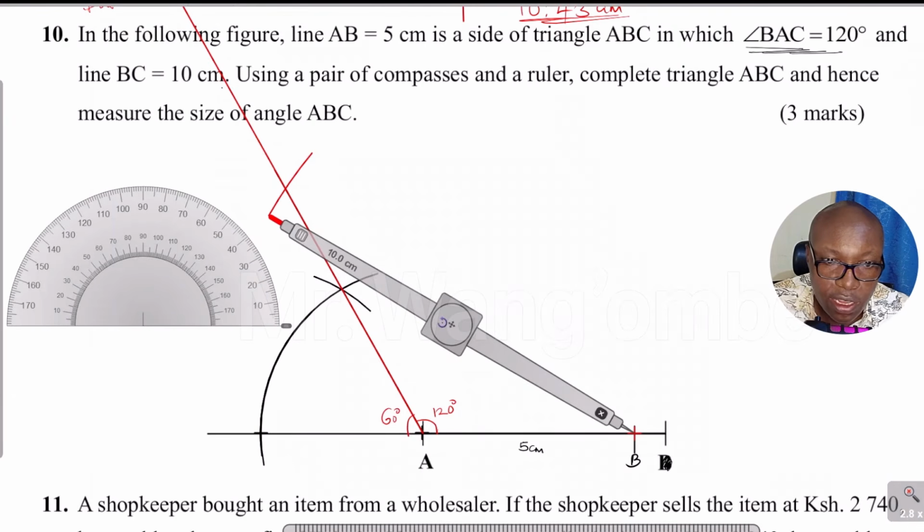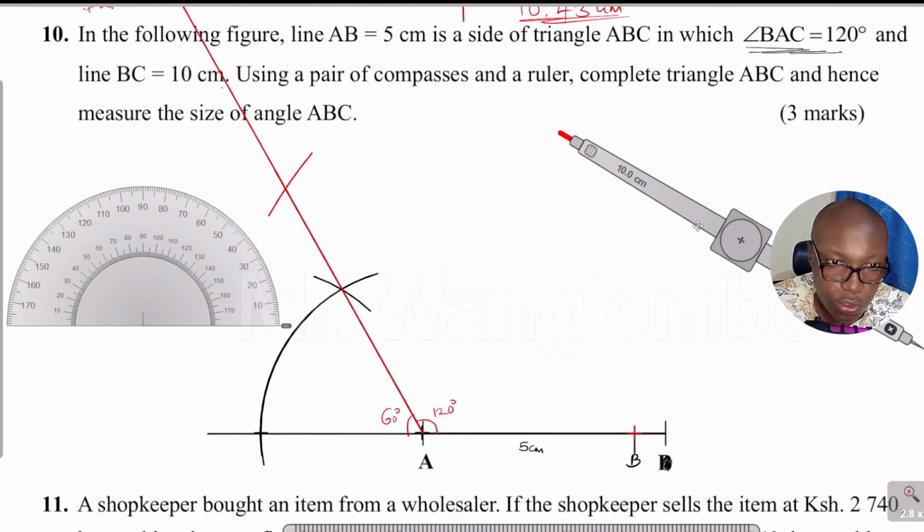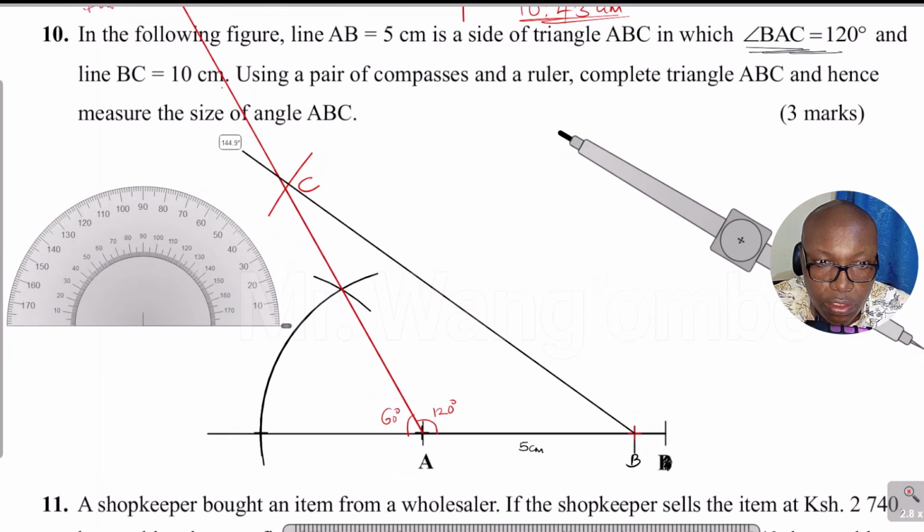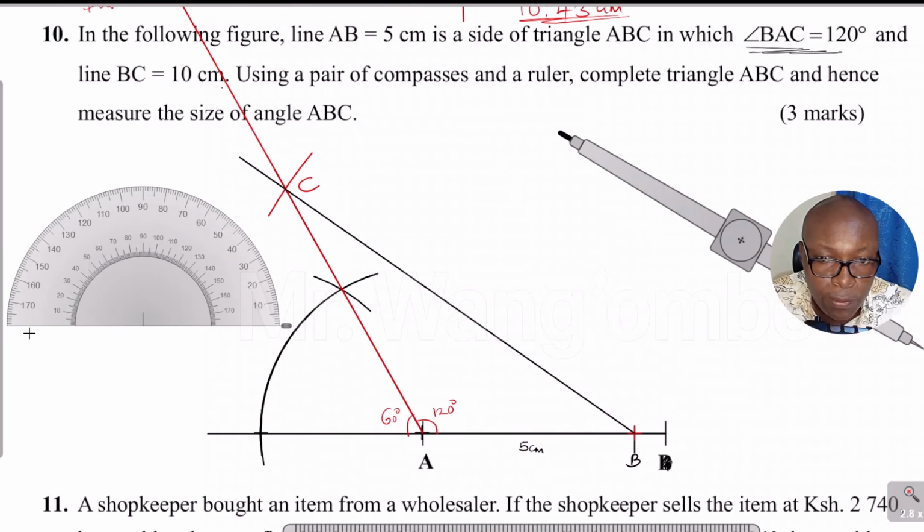So with that 10 centimeters standing at B with a measurement of 10 centimeters, mark an arc on that line from A. So this point will be the position of C. Now, using a straight line and a ruler, standing at B, you simply join that point, the point of intersection of the arc. So that is how you get point C.